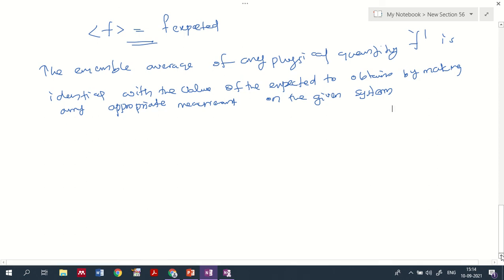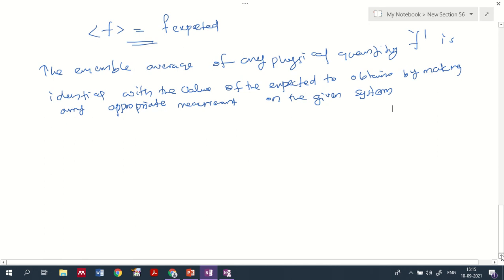Consider an ensemble with a number of particles, volume, and energy. After a long time, all of these saturate and contribute in an average fashion, so you get the average value of all contributions, which is the same as the experimental expectation.